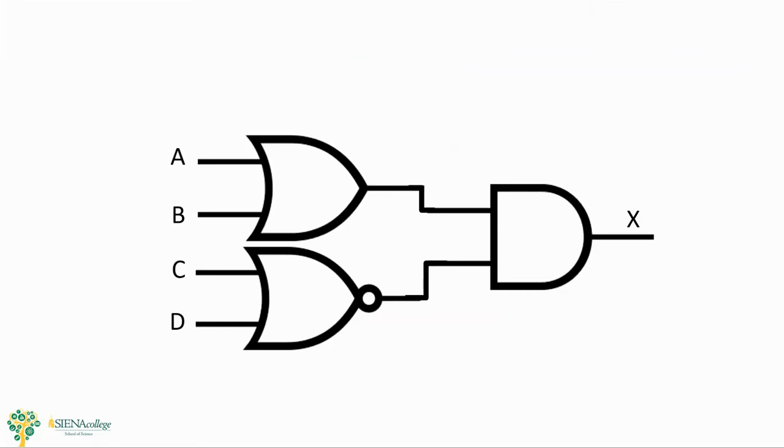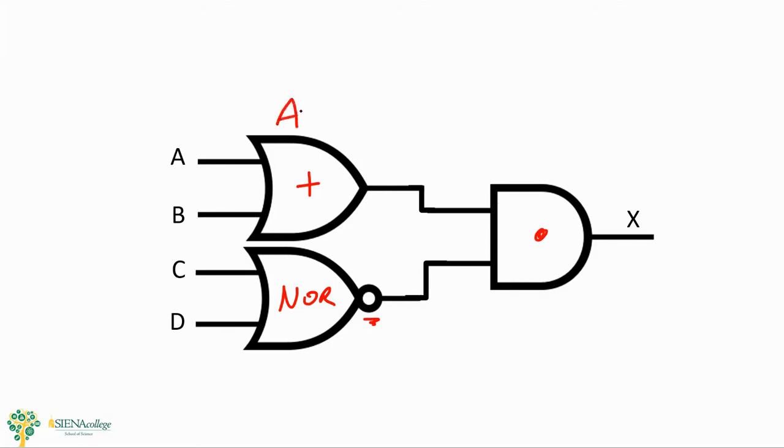Let's figure out what the Boolean expression would be for this. We have an OR here. We have a NOR here. It's a NOR because it's the OR with the negation symbol. And this is going to be an AND. So top, down, left to right.